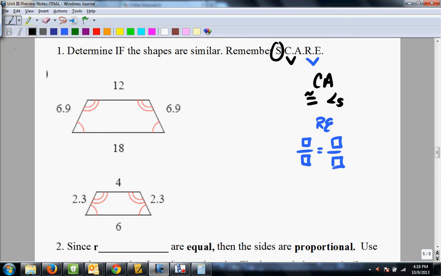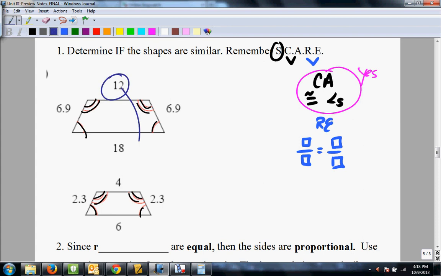So CA means congruent angles, RE means ratios equal. Let's check to see if it's the case. Here we have matching angles, matching angles, matching angles, matching angles. So yes, the angles are congruent. So that's our first one. It's a yes.